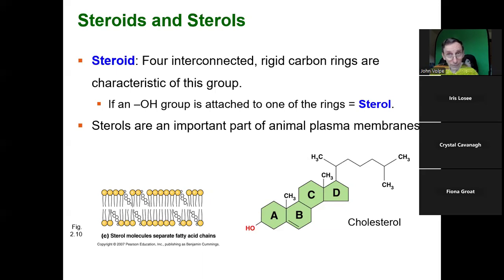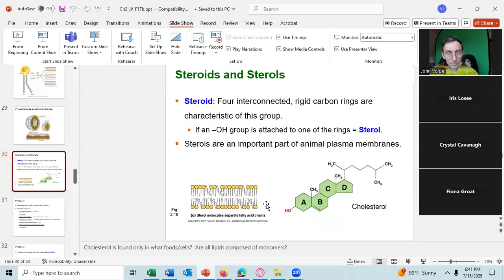And then if you eat very lean beef or other meat, you get very little cholesterol because cholesterol is largely in the fat of animal cells, animal tissue. So if you eat lean meat, you get less cholesterol than if you eat fatty meat. Any question about any of that?